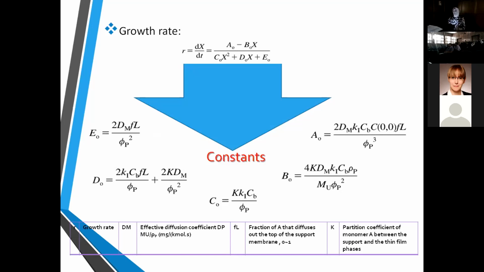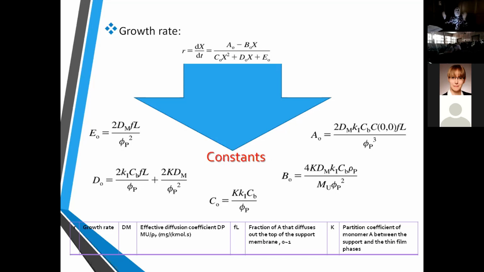K is the partition coefficient of monomer A between the support and the thin film phases. Also, the other terms are as we discussed before.